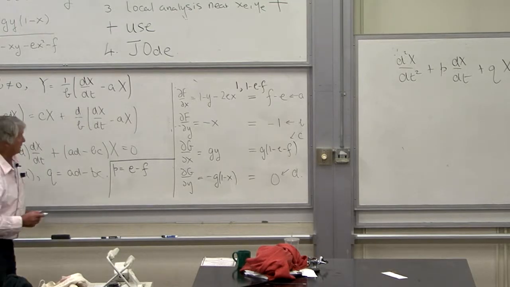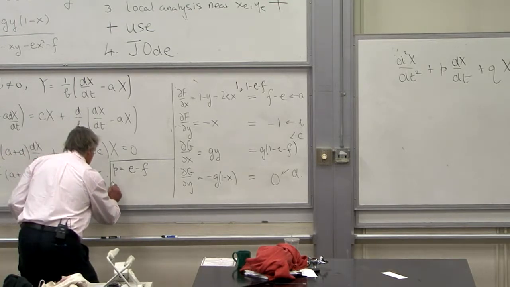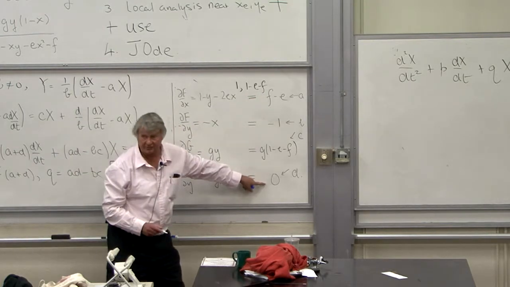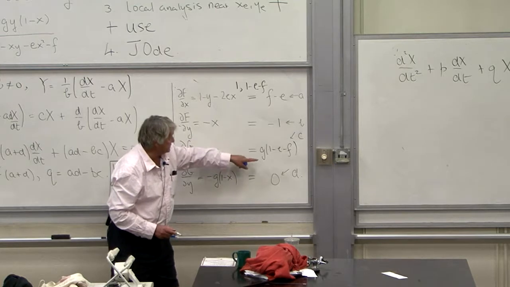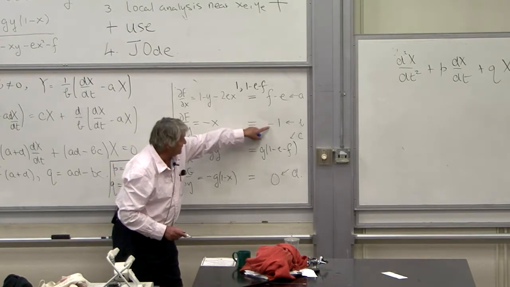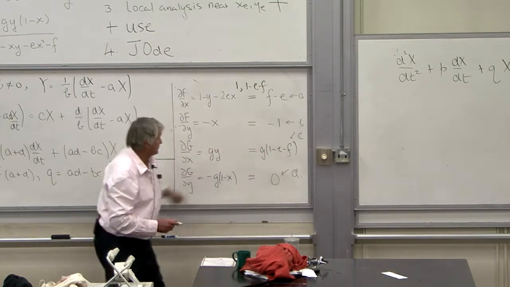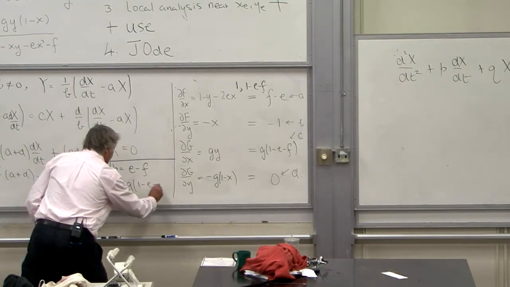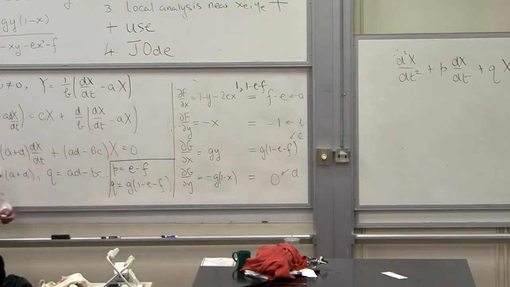What's the q in this case? The q is AD, 0, minus BC. So it'd be minus 1 times this. So it's G times 1 minus E minus F. So for this fixed point, the P is this, and the Q is this.